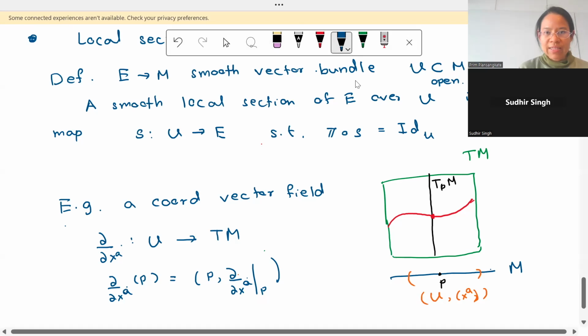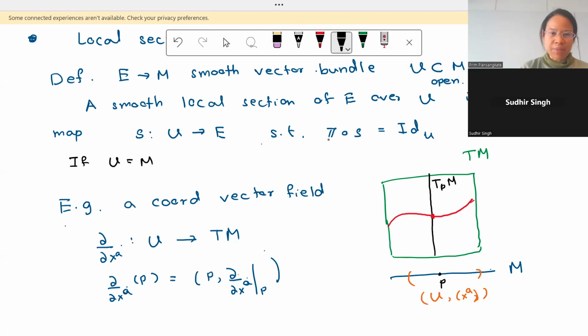Well, let me add here that if the section is defined for the whole M, not only just some proper subset, then we say that S is a global section.